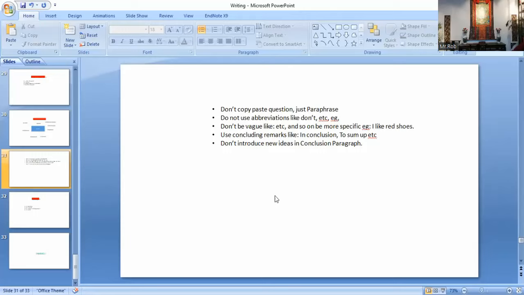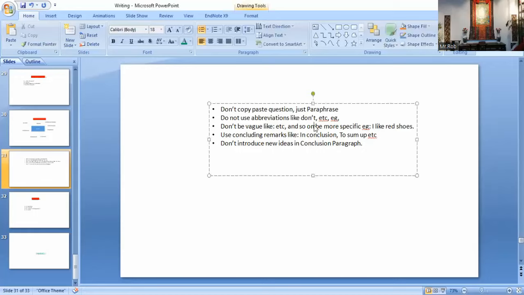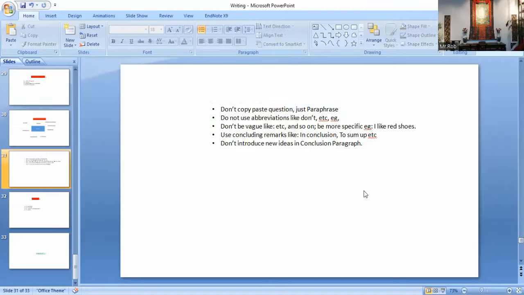Do not use abbreviations like don't, etc. Write in complete words like do not, and et cetera for etc. Also, don't be vague like etc. and so on. Try not to use those words. Be more specific instead. For example, instead of saying I like shoes, say I like red shoes or I like shoes from this brand.